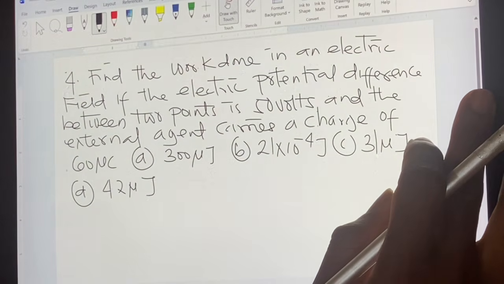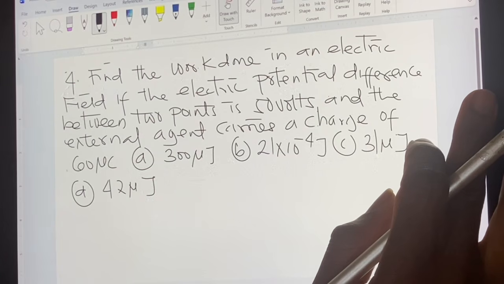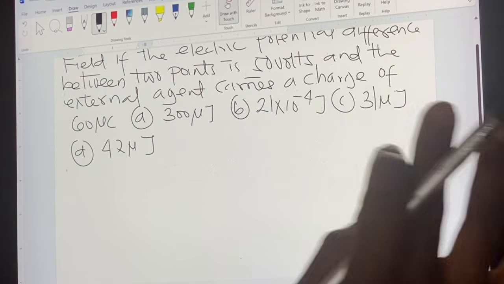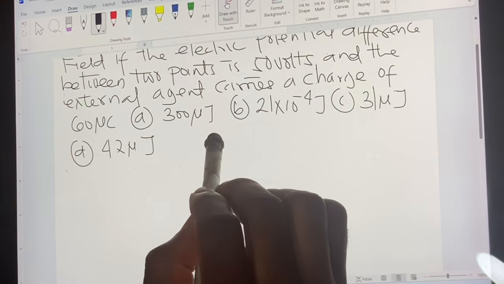They said A 300, B 21, C 31, D 42. Let's solve this to know the perfect option.